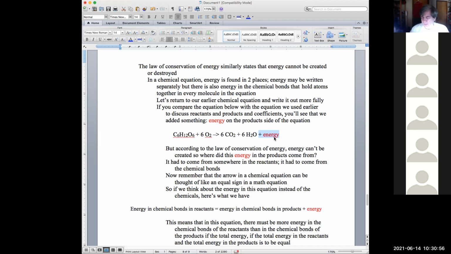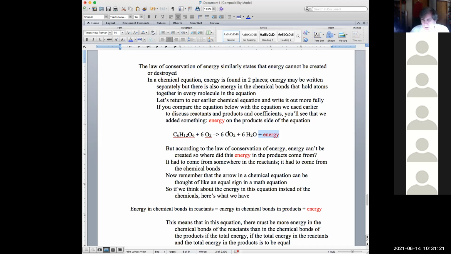O2 is a molecule. CO2 is a molecule. H2O is a molecule. And we said that molecules are groups of atoms, at least two, like in O2, but it could be more. At least two atoms, and the atoms are held together by chemical bonds. So that means whenever we see a molecule here, there are chemical bonds connecting the atoms.